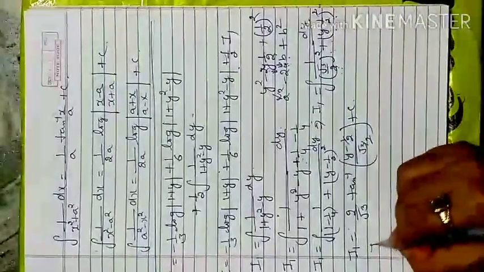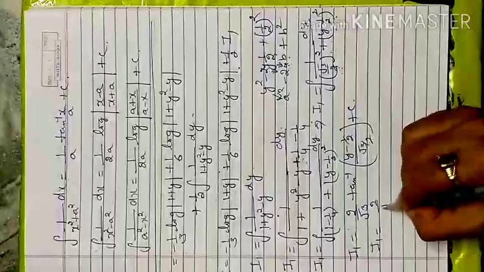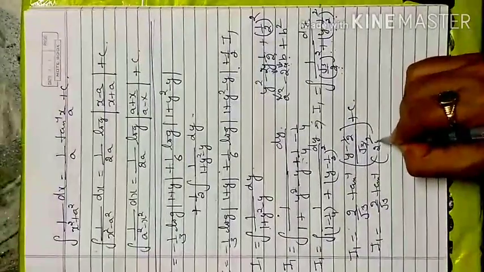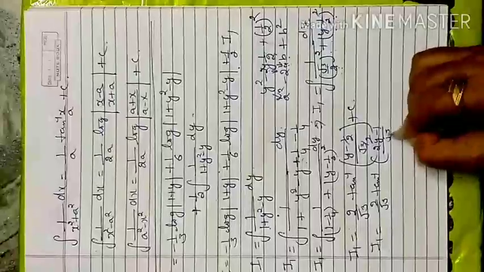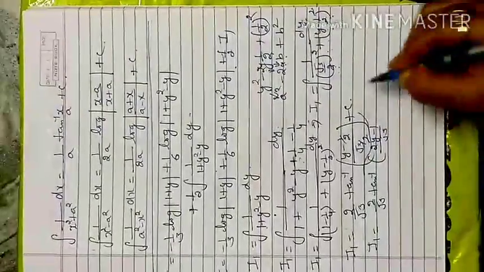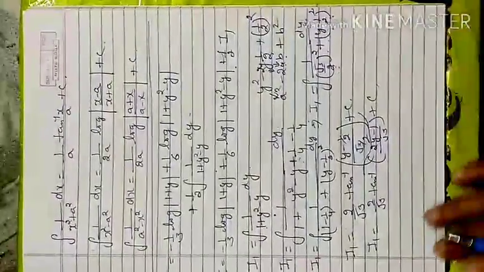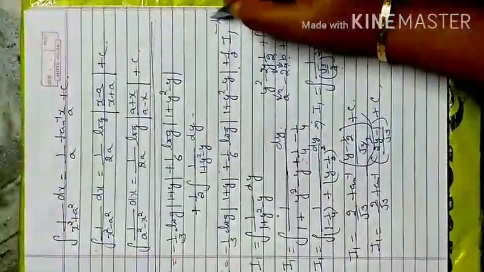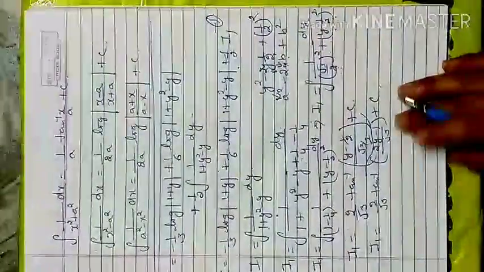When you take the LCM of this, that is 2 by root 3 tan inverse of 2y minus 1 by root 3, plus c. Now this I1 value, I replace it back in my equation.